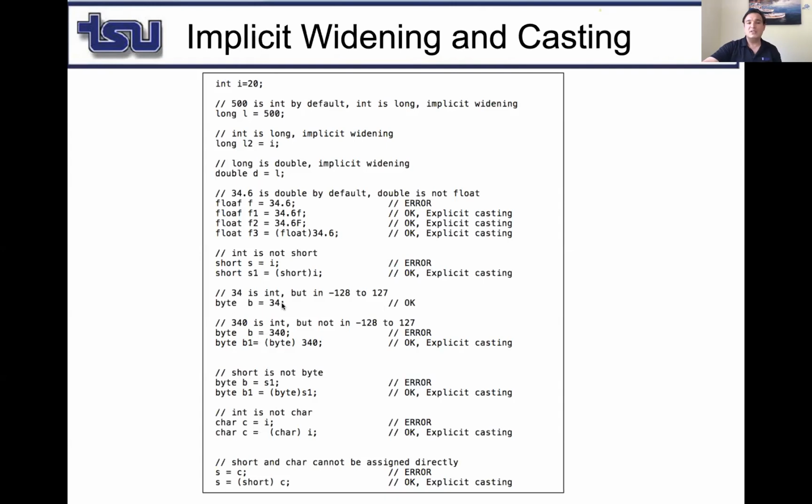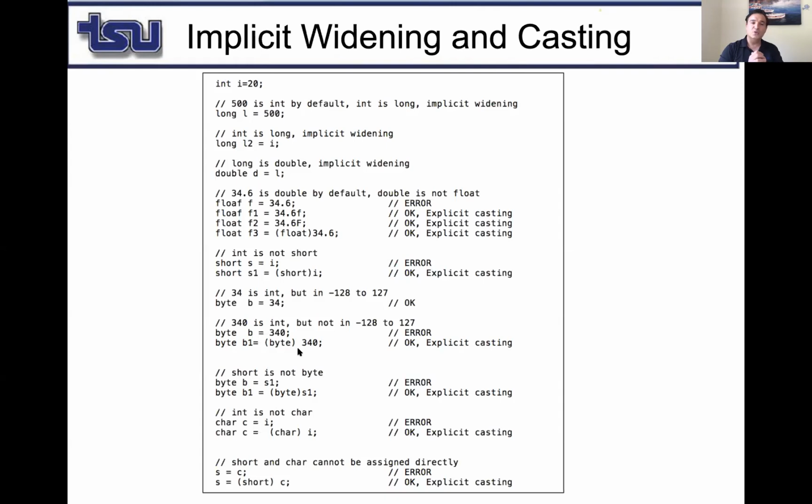Java will say okay. However, if you try to put 340, which is not in the range of byte, Java will complain, hey, you cannot do it. But if I say 340, which is an int, not in the range of byte, and I put byte in front of it in parentheses, I tell Java, I know that's not a byte, but I take my risk, okay?